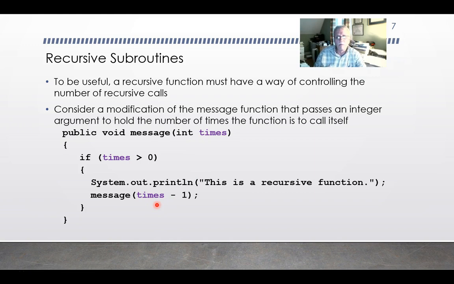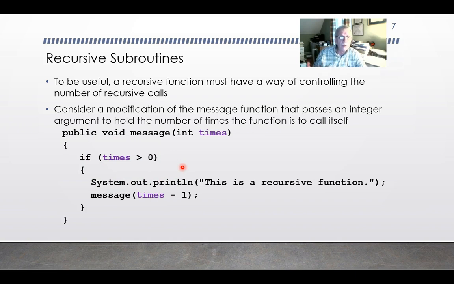It's decrementing the value that it received originally, and now in the recursive call, the value that is passed is a little bit smaller. We've subtracted 1. And we do this over and over until we reach this condition not being satisfied.